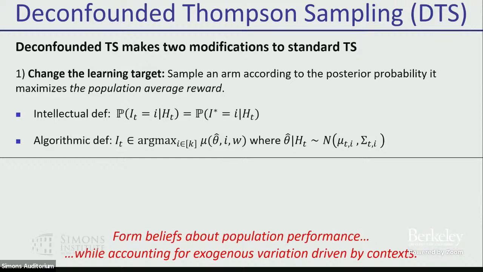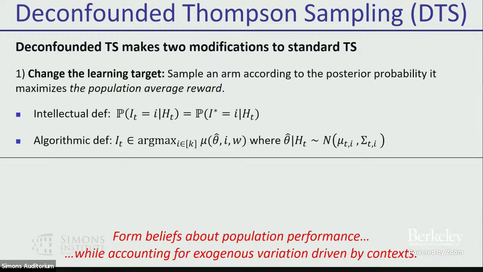One would just act like the world is IID and play an arm according to the posterior probability that it's the best arm at each time step, randomly sampling an arm according to the chance it's the best. That version of the algorithm would clearly be at risk for confounding because it's acting like the world is IID, ignoring contexts altogether. There's a second version, the usual contextual bandit version, that aims for full personalization.